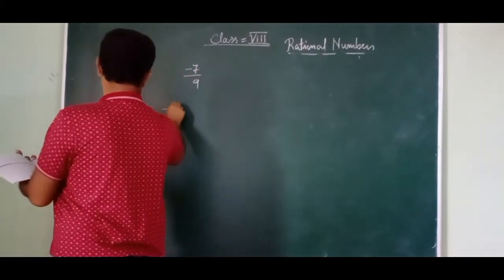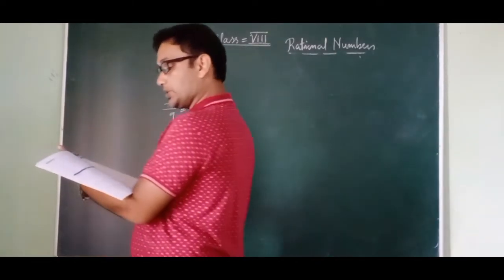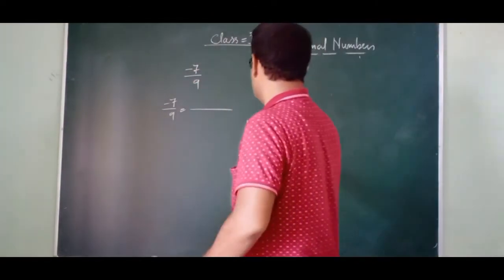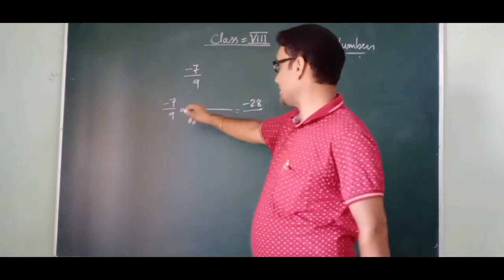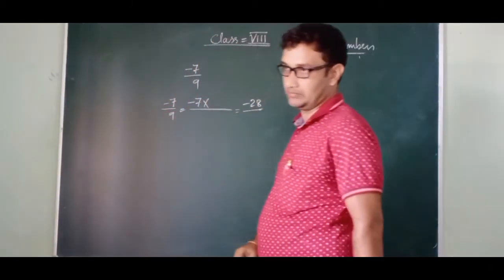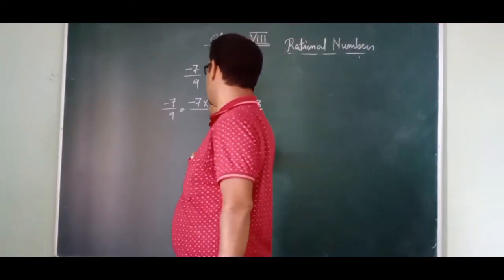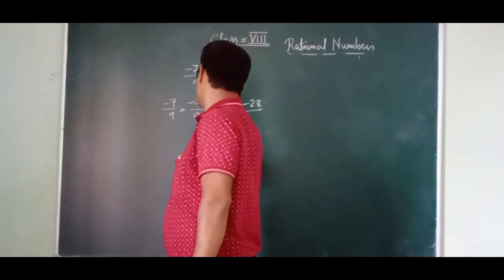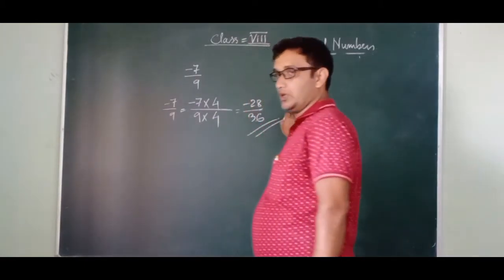So you have to make one more rational number with numerator minus 28. With minus 7, by what number you will multiply to get minus 28? By 4 you will multiply. 7 fours are 28. Here also 9 into 4 will be 36. So this is your new rational number.